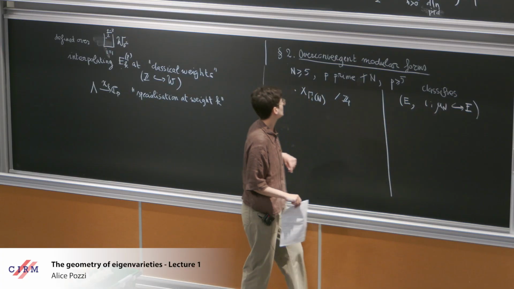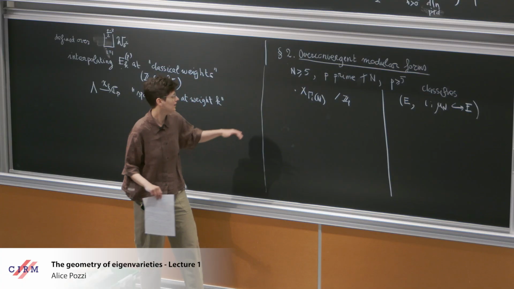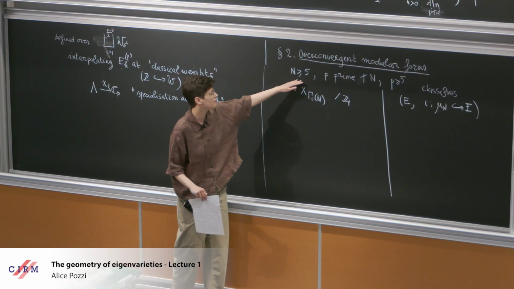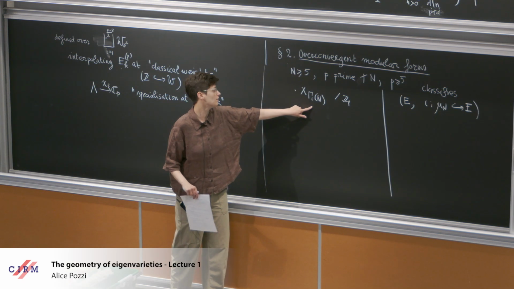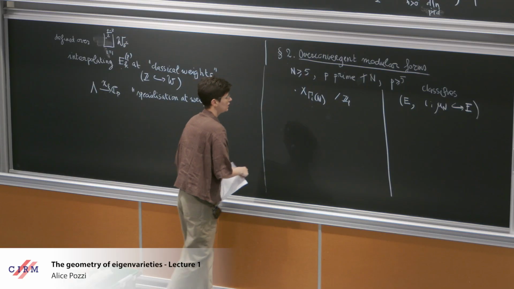I'm choosing this level structure first because we want to work with arbitrary n in general, and I'm going to choose it to be at least 5 so that this is a fine moduli space. That's all.